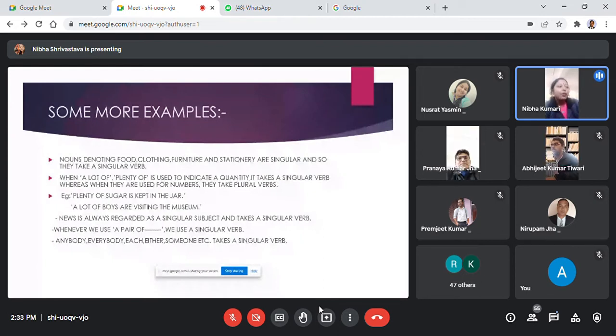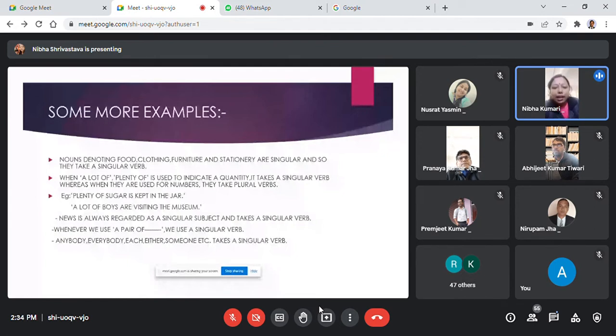In the same way, when we use a lot of, plenty of, these are used to indicate quantity, so they take a singular verb. Whereas when they are used for numbers, meaning countables, they take plural verbs. We use a lot of, plenty of sugar is kept in the jar.